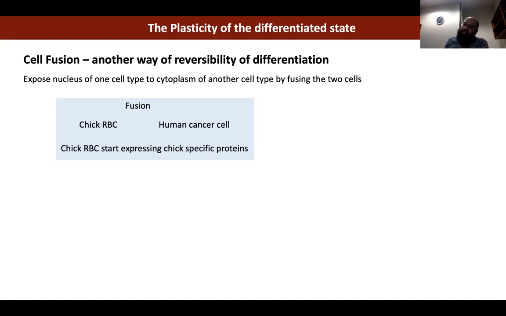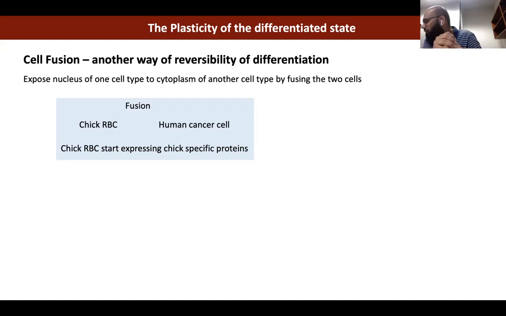So people devised another way, because the idea is to expose one cell's nucleus to another cell's cytoplasm, which is what they did in somatic cell nuclear transfer. This idea can also work if they fuse two cells together, which will also expose one cytoplasm to another nucleus.